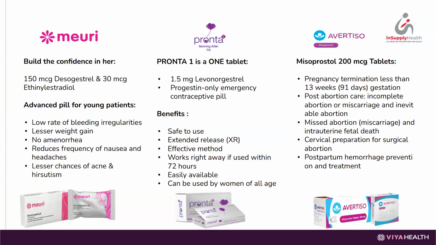This is also available in different clinics, including Marie Stopes. Those are the three products that Via Health is pushing in the market, in pharmacies across the nation. If you are interested in them, you can always reach out to us.